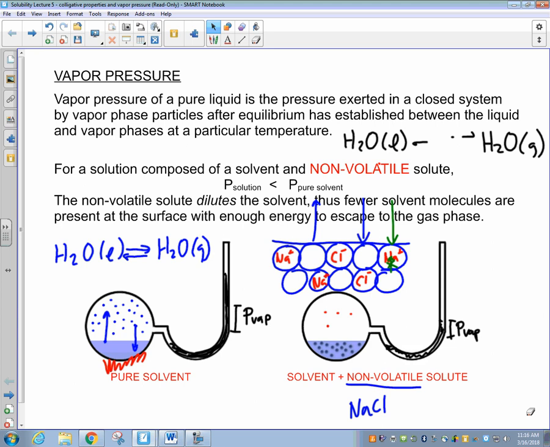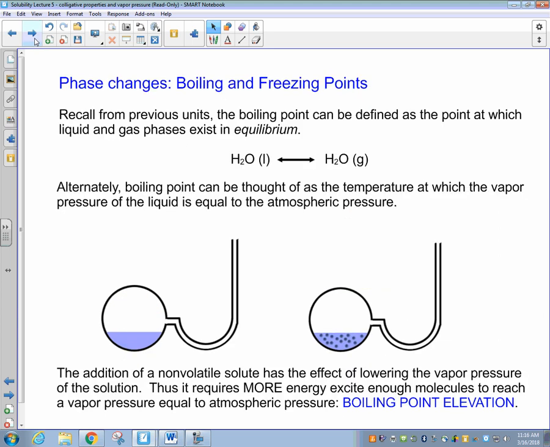Now that tells us a little bit about how vapor pressure is affected here. The real trick is now, what effect does that have on measurable properties that we've seen previously of these solutions? The first thing we're going to have a look at here is the effect on the boiling point of that solution. You may recall from our previous conversations that boiling point is defined as the point at which the liquid and gas phase of a system exist in equilibrium.